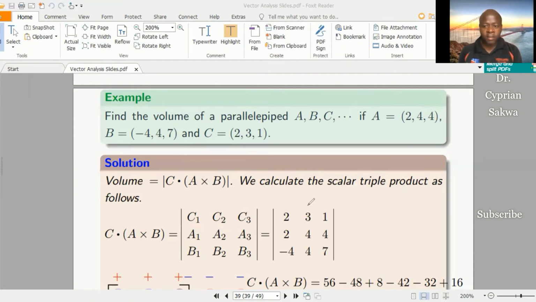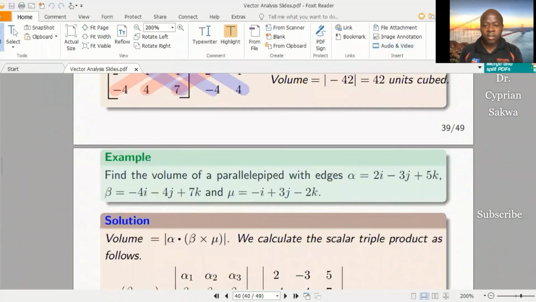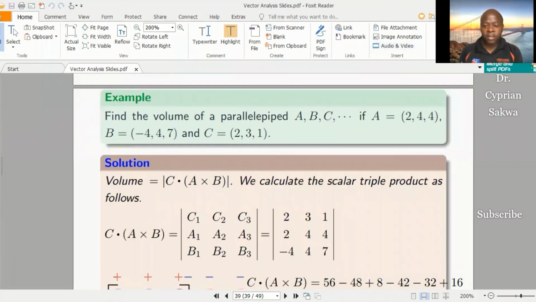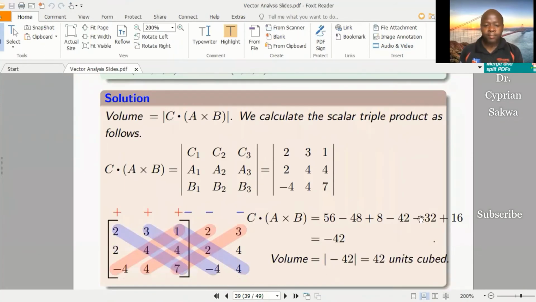So finding the determinant of this is easy for us because we have various ways of finding the determinant of a matrix. It's just a 3 by 3 matrix. So let's use the easier method we've been using from the start of our video, where I take the entire matrix here and place it here, and then take the first 2 columns and add them here.